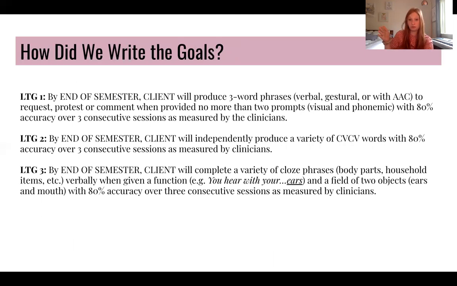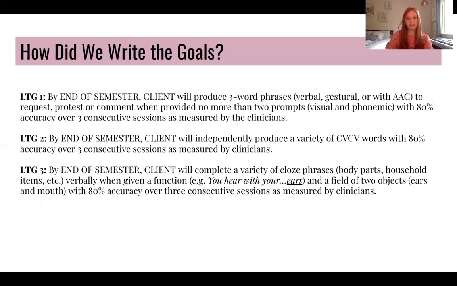So we wanted to get her up to 3. And verbal, gestural, or AAC, we specified because, again, we didn't care how she said it. We just cared that she did say it. To request, protest, or comment when provided no more than 2 prompts, visual and phonemic, with 80% accuracy over 3 consecutive sessions as measured by the clinicians.